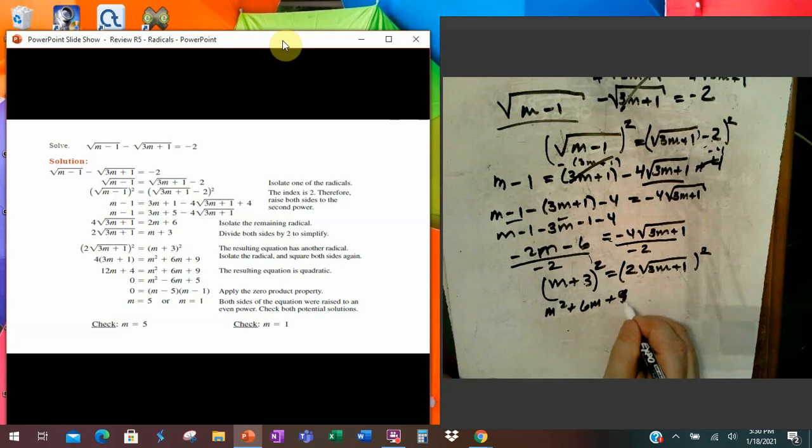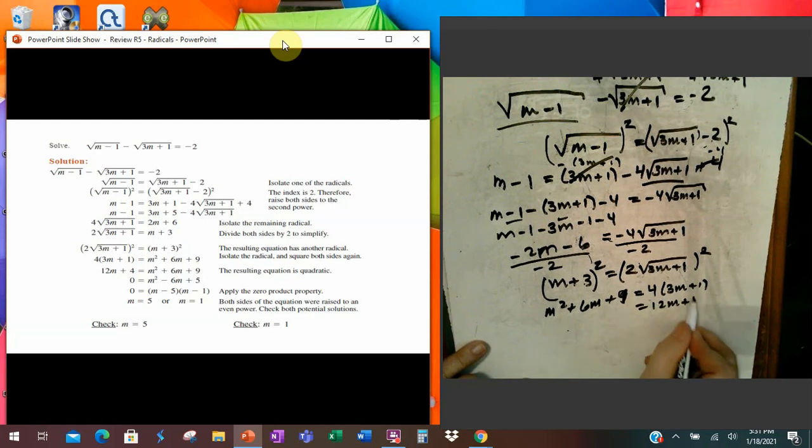That's our quick way to get this expanded. And then this is just this squared times this squared. So it is equal to 4 times (3m plus 1), which is 12m plus 4.